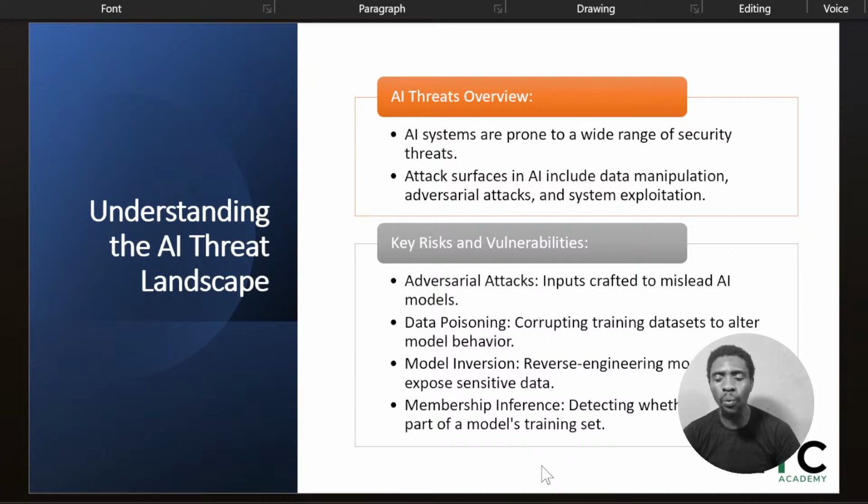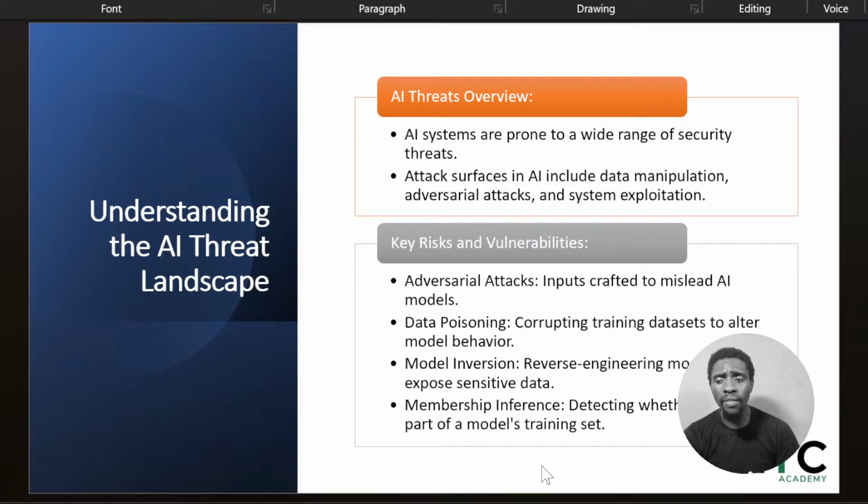Model inversion is a way of re-engineering, reverse engineering the model in such a way that sensitive data that was used to train the model is exposed. So, say you have used the data of somebody that is in a hospital, or patient data, to train an AI.